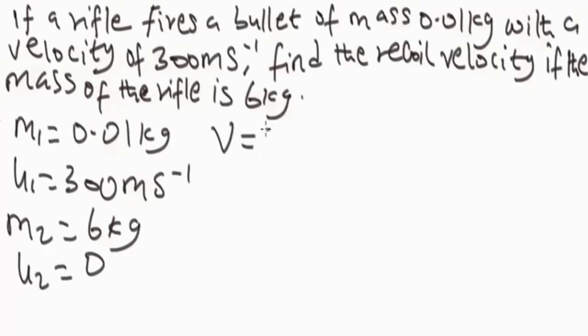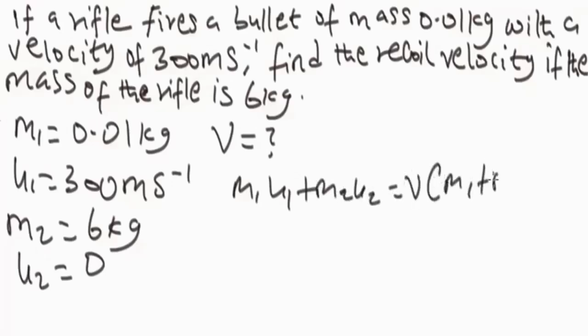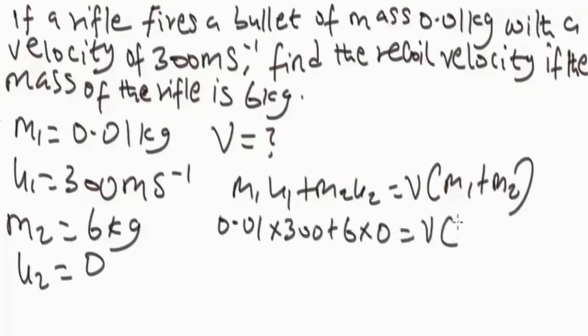The final velocity is unknown, so we're going to apply m1 u1 plus m2 u2 equals v in brackets m1 plus m2. So let's substitute the values. We're going to have m1 is 0.01 times 300 plus our m2 is 6 times 0 equals v in brackets 6 plus 0.01.